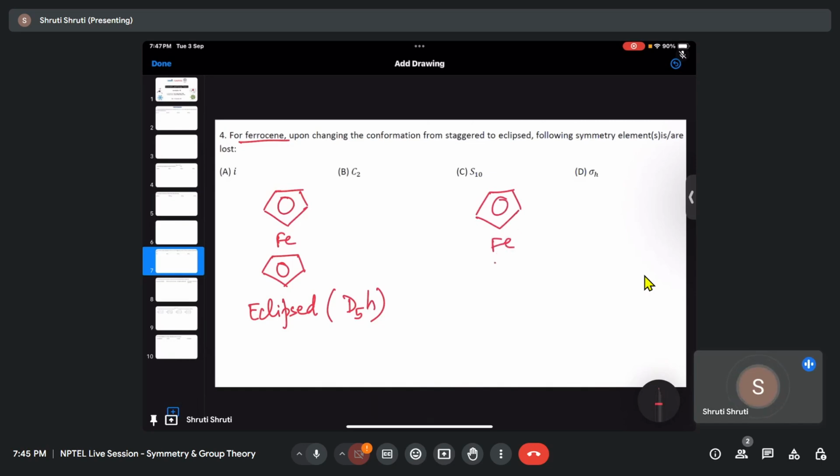But if it is staggered, it will look like this, and it has point group D5d.